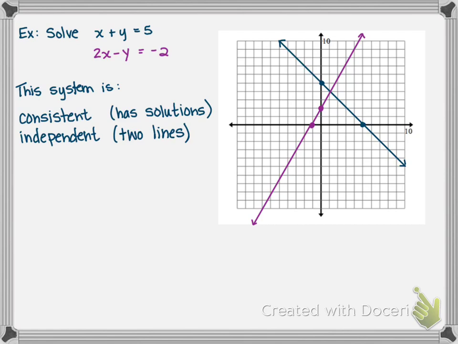So when we have a consistent system, which is independent, that means we have 2 separate lines that intersect somewhere. And that results in having 1 solution. So both of these things together tell us that we have exactly 1 solution, which in this case is 4, 1. That point of intersection.